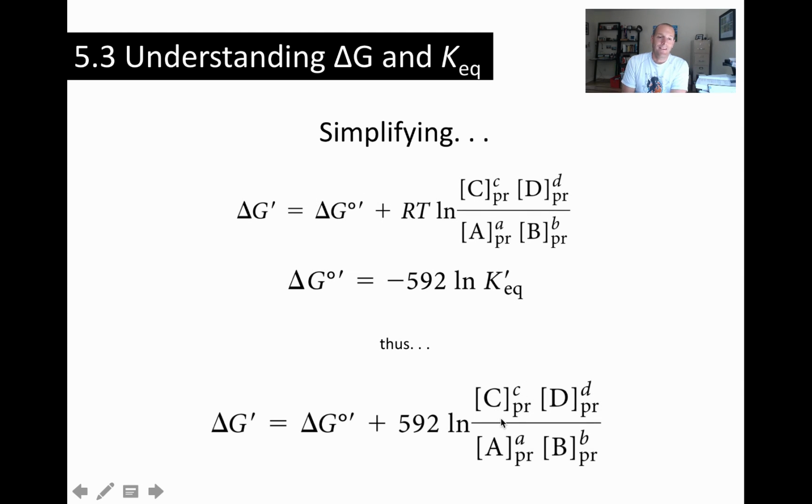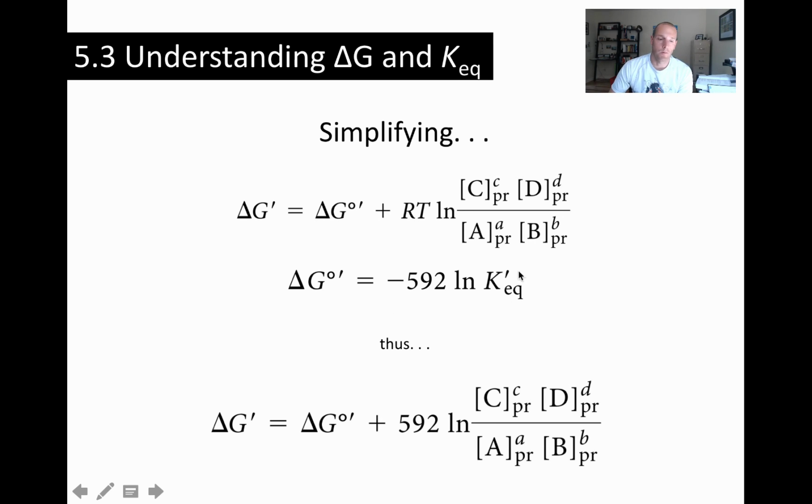So where does that take us next? What we can then do is start to lose this universal gas constant times temperature factor here. So that multiplies out to minus 592. So delta G 0 prime is the same as negative 592 natural log of K, the equilibrium constant at pH 7.